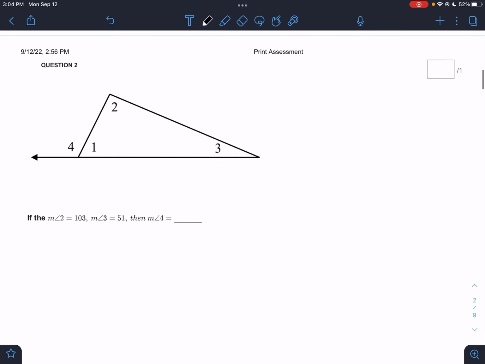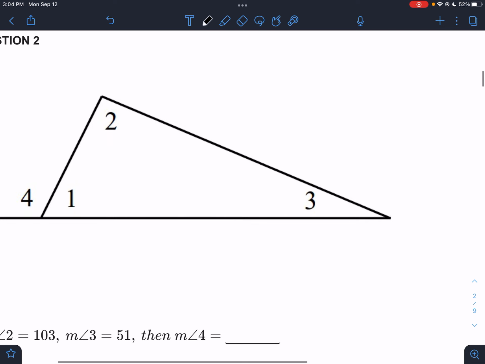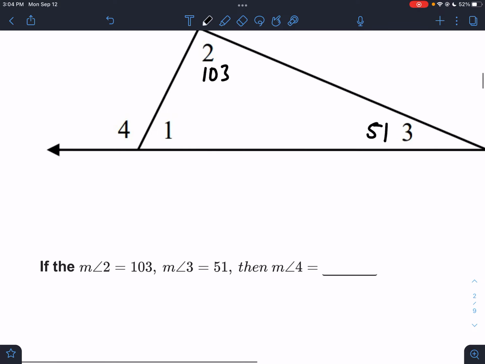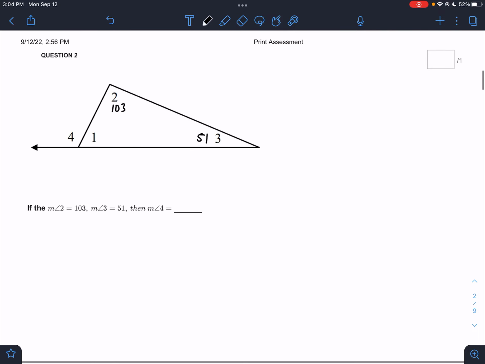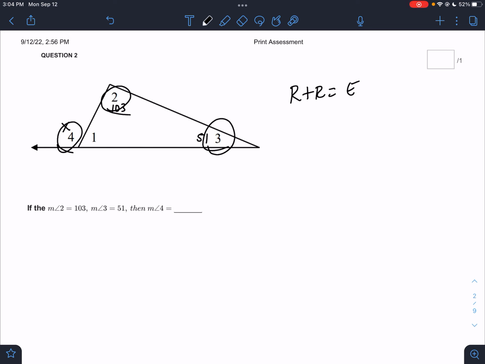Next question. We have the measure of angle 2 is 103 degrees. The measure of angle 3 is 51 degrees. Find the measure of angle 4. Since I don't know what I'm going to call it, I'll call it x. Our rule that we just learned is that remote plus remote equals exterior, and these are the two remotes for angle 4 there.